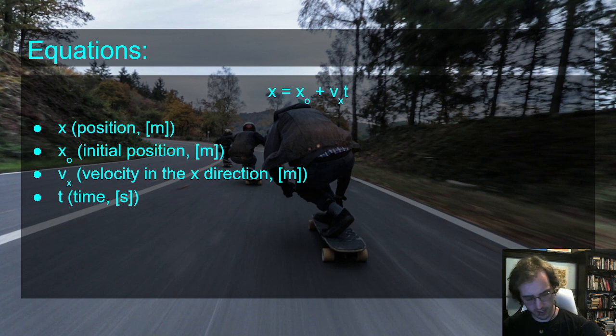If you just want to do v, that's fine, but especially when you have multiple directions, x and y, or x, y, and z, it's really nice to get in the habit of including that x so that when you have to include it, you're already doing it.